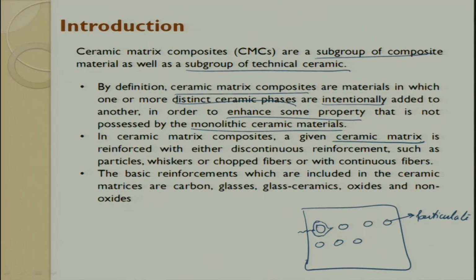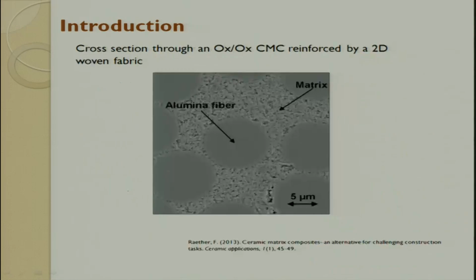Predominantly what we look forward to is discontinuous. It can be in particulate form, whisker form, or chopped fiber. The continuous fiber is also possible. The basic reinforcements which are included in the ceramic matrix are carbon, glass ceramics, oxide and non-oxide ceramics, which are added to the basic ceramic matrix.